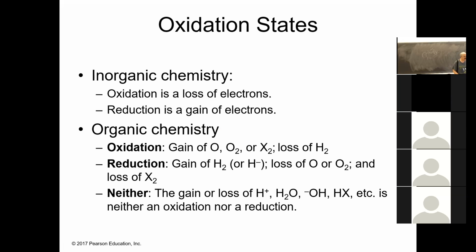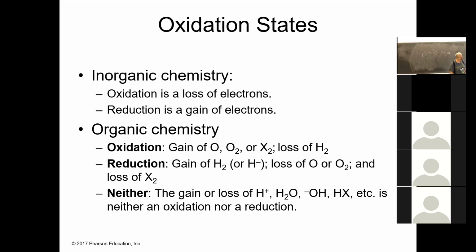First we'll look at oxidation. In inorganic chemistry, oxidation is the loss of electrons. Reduction is the gain of electrons. Remember the mnemonic OIL RIG: oxidation is loss, reduction is gain of electrons. There are clues that we can look for in organic reactions.